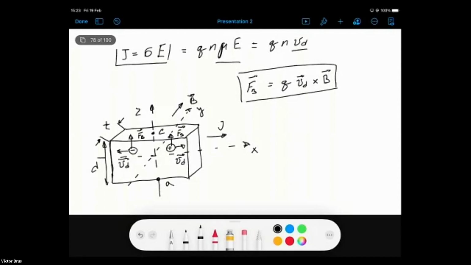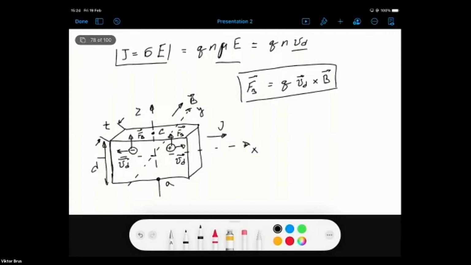And they will be creating some negative space charge because of accumulation of many electrons in the vicinity of this upper edge of the conductor.